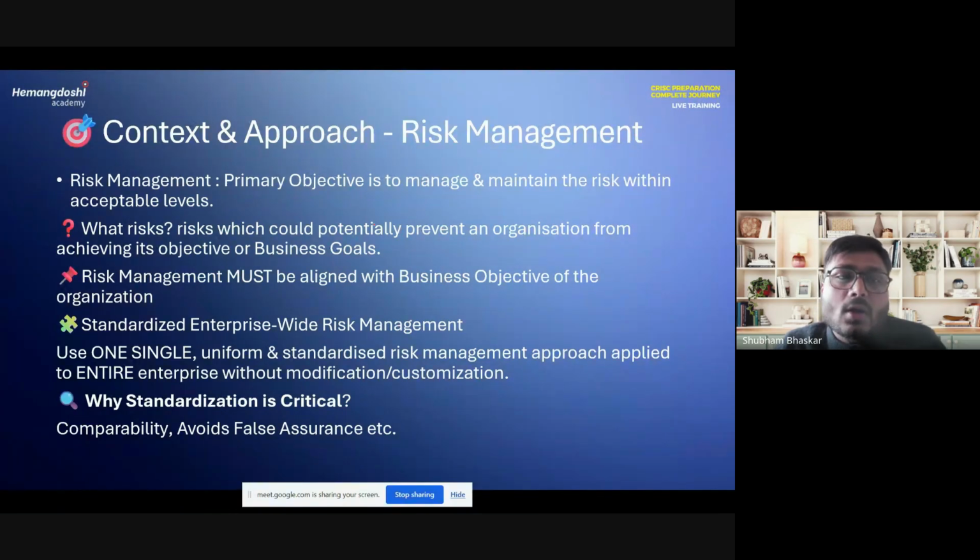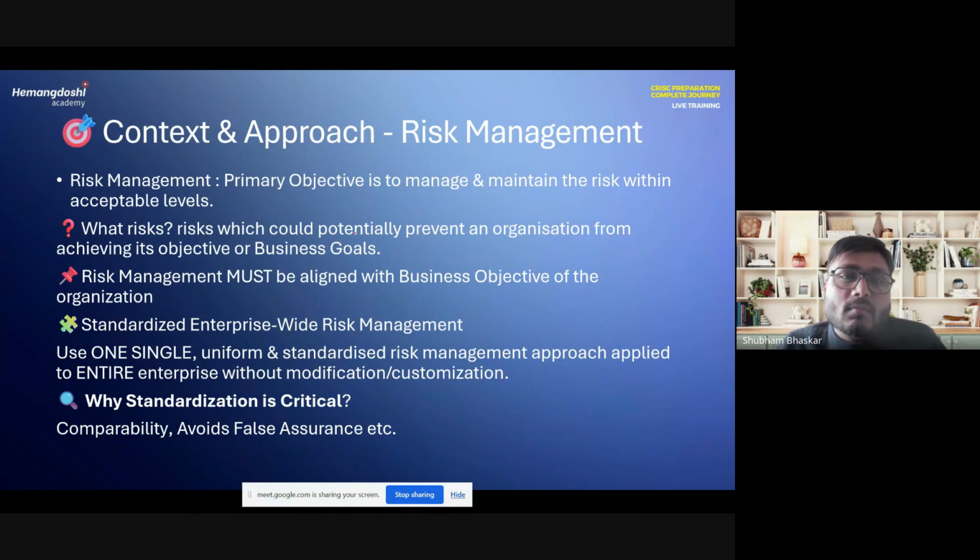Think about it: an organization has set a goal that in Q3 it is going to earn 5 million euros. Fantastic, happy days. But there is a regulatory risk. If we do not meet a certain regulation, we are going to be fined 3 million euros, which will take away from our profit. You might be asking, how is risk related to business goals?